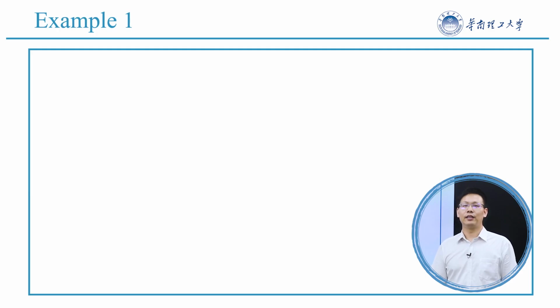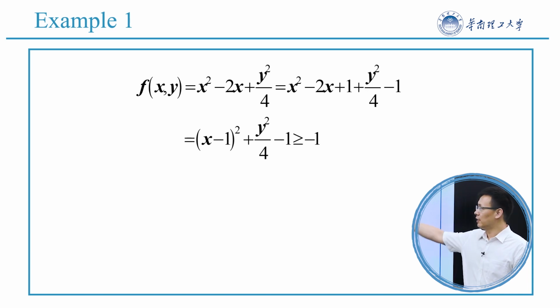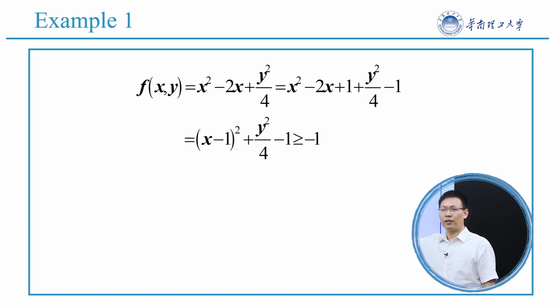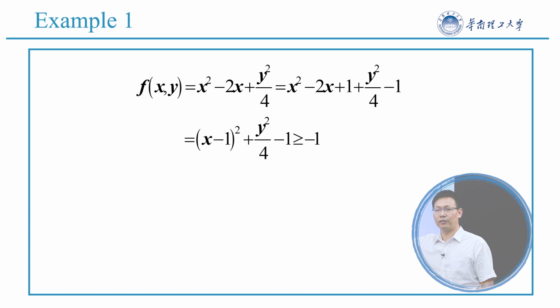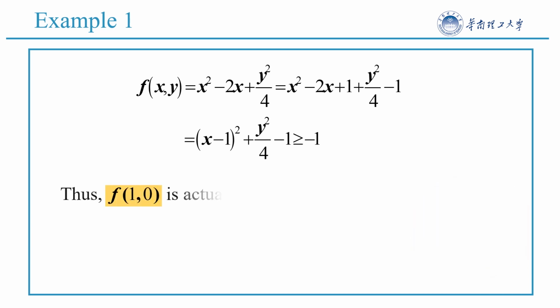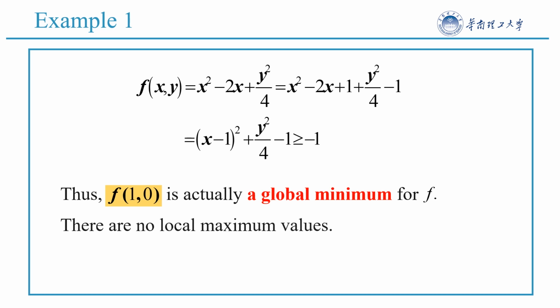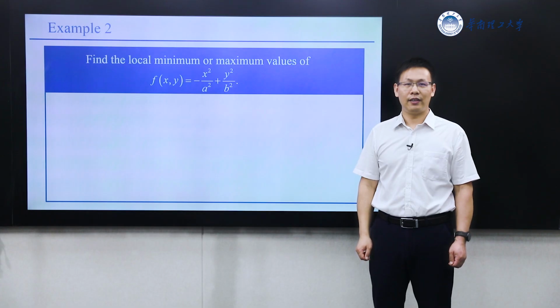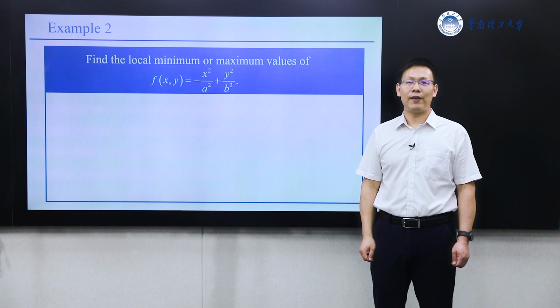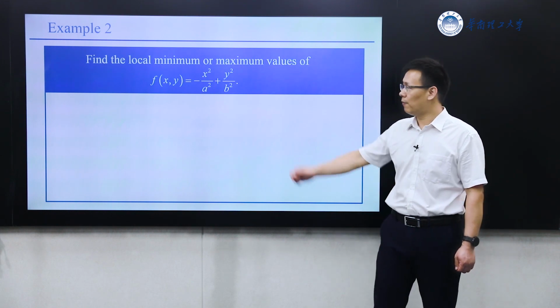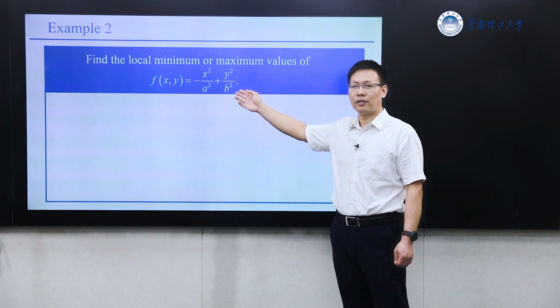Example 1. If f(x, y) is this equation, from the inequalities below, f(1, 0) is actually a global minimum for f. There are no local maximum values. Example 2. Find the local minimum or maximum values of the following function.